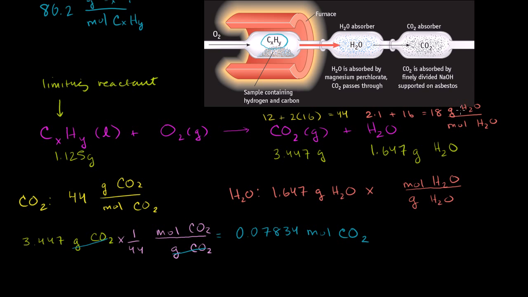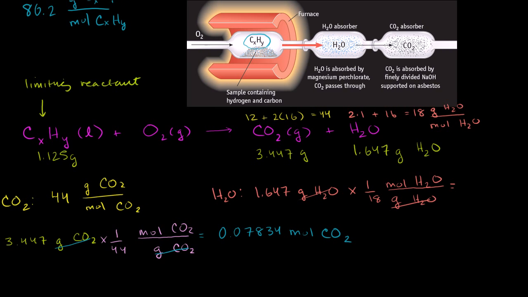That's the exact inverse of this. So if we have 18 grams per mole, we have 1 over 18 moles per gram. And what is this going to be equal to? This cancels out with that. So we're left with 1.647 divided by 18 moles of H2O.